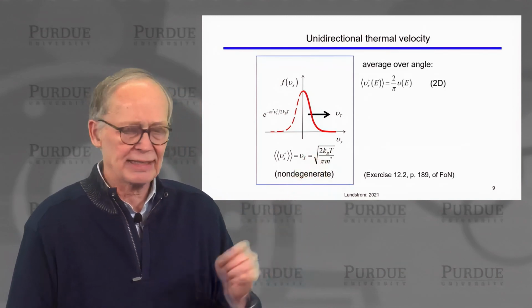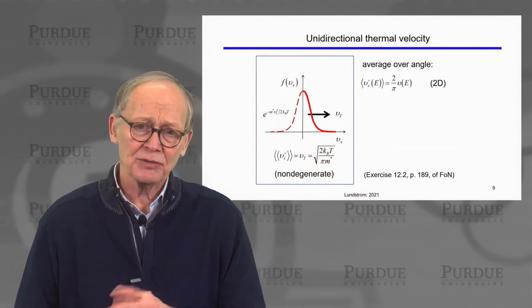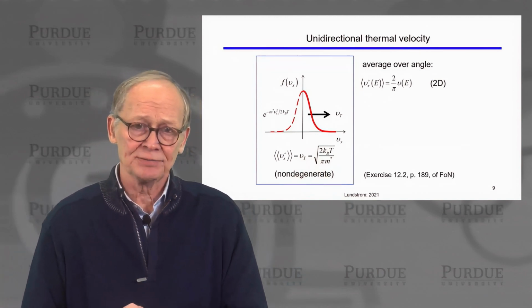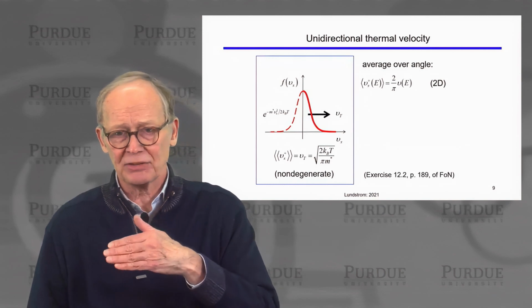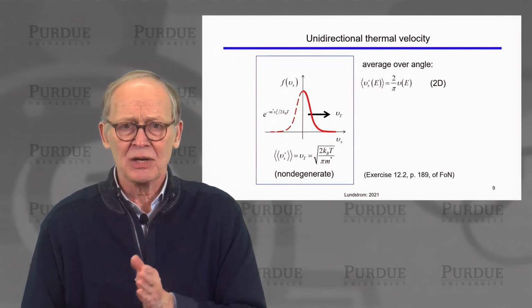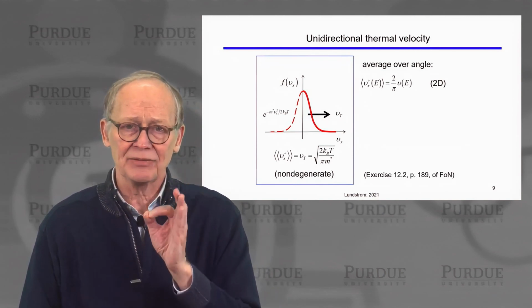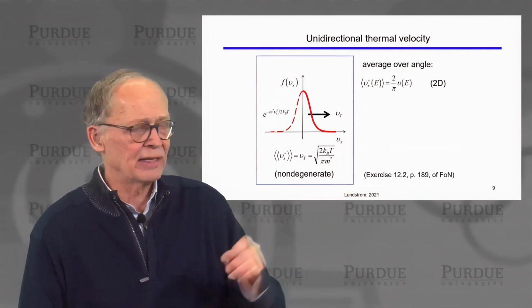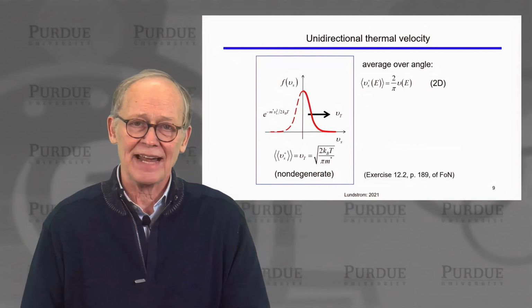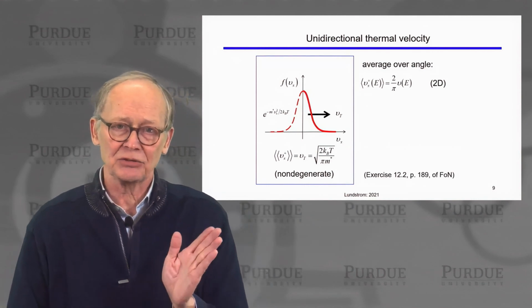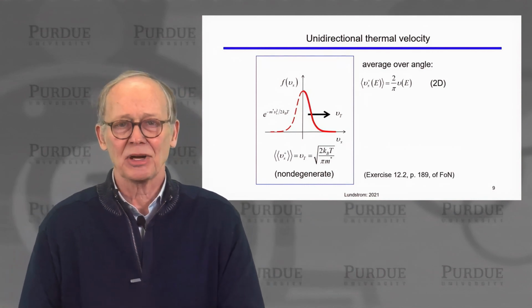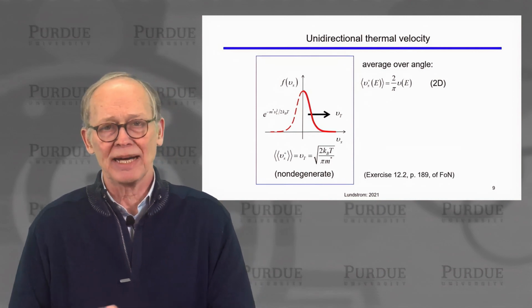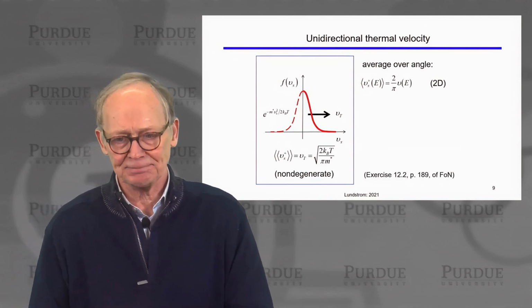Now, what are these double bracket averages here? Well, first of all, one of the averages is over angle, because in 2 dimensions, the electrons are pointed in various directions. We have to average because we want the average x-directed velocity. When you do that averaging over angle, it's easy to show that the average velocity of those electrons distributed uniformly across those angles is 2 over pi times the magnitude of the velocity.